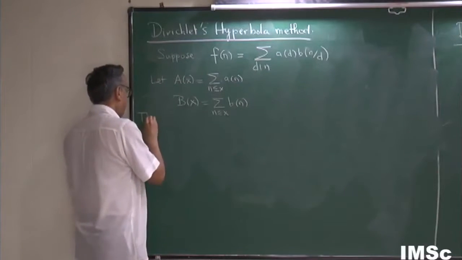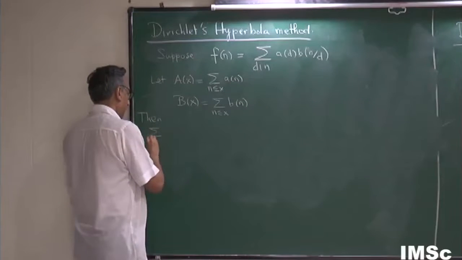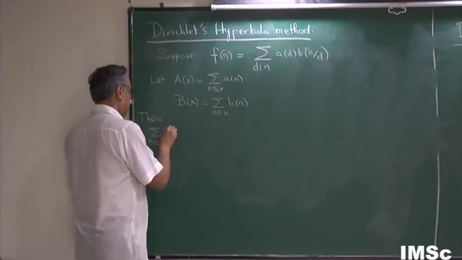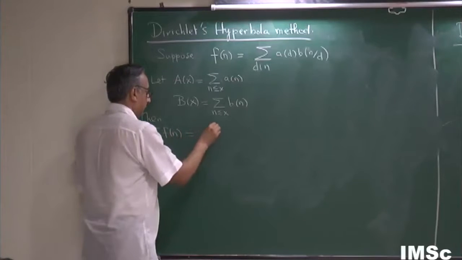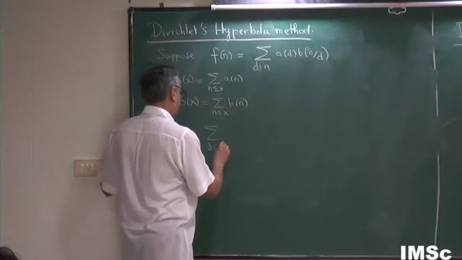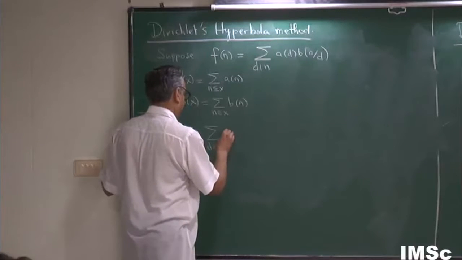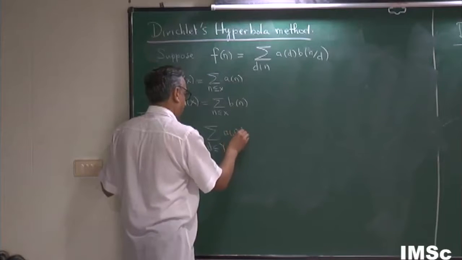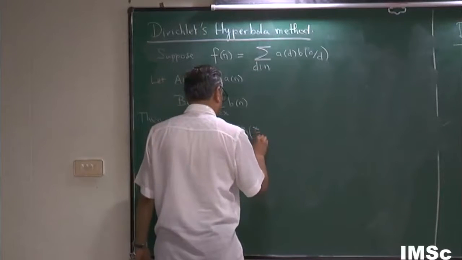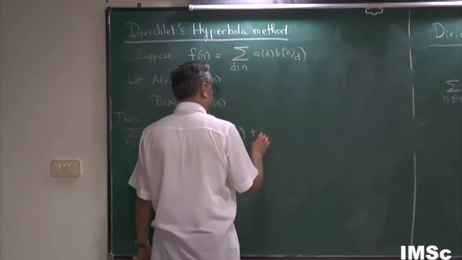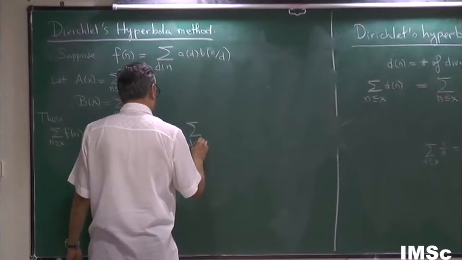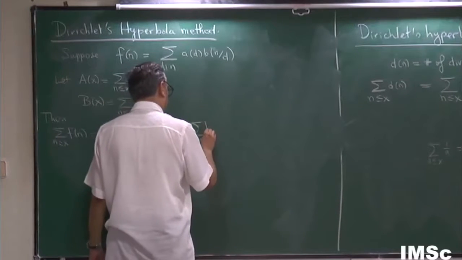Then the summation of f of n for n less than or equal to x is equal to the summation over d less than or equal to y of a of d times B of x over d, plus the summation over d less than or equal to z of b of d times A of x over d.